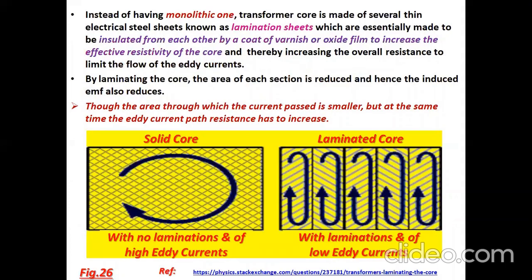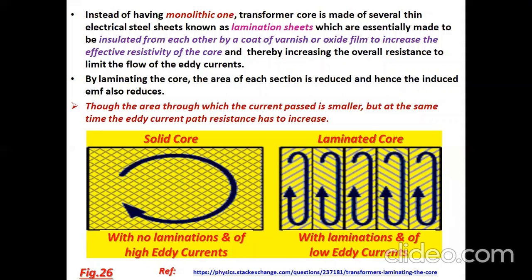Instead of having a monolithic core, the transformer core is made of several thin electrical steel sheets known as lamination sheets, which are insulated from each other by a coat of varnish or oxide film to increase the effective resistivity of the core, thereby increasing the overall resistance to limit the flow of eddy currents.